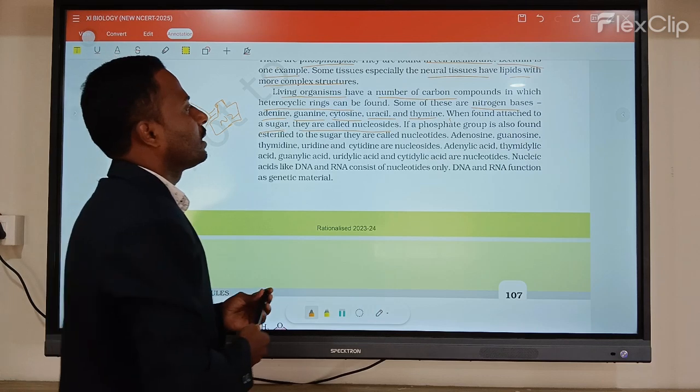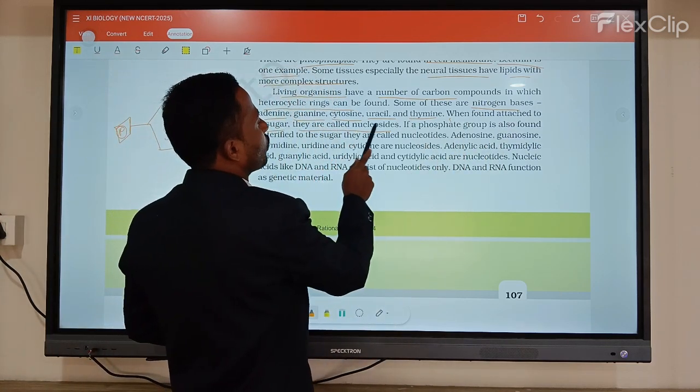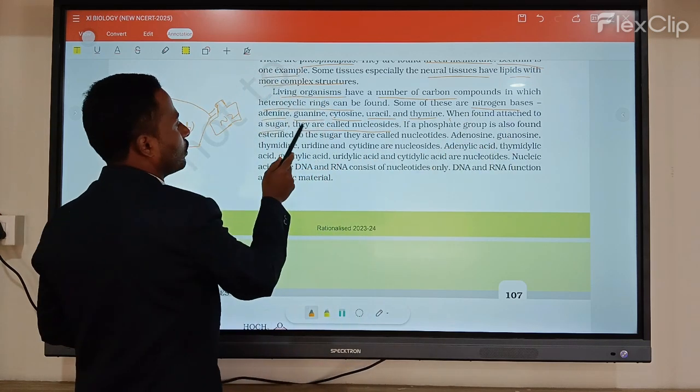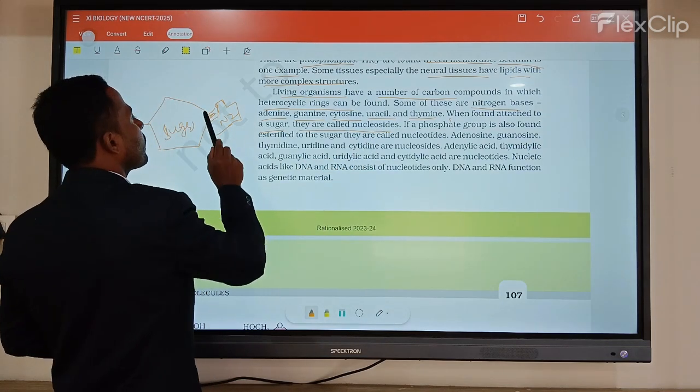So when a nitrogen base is attached to a sugar molecule, it is called a nucleoside.